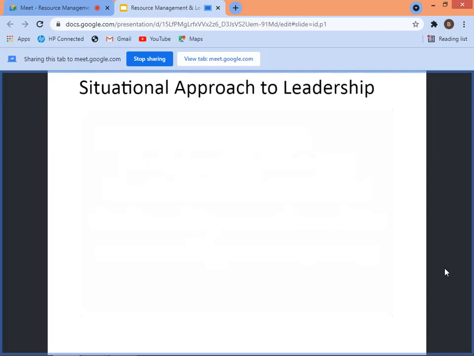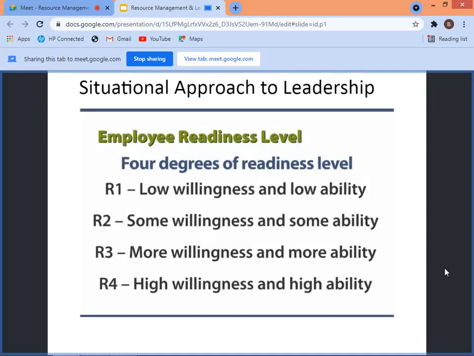The last one, R4, is high willingness and high ability. This is the maturity or readiness level of the employee that you are going to delegate to. The R3 is where you're going to let him participate. The R2 is where you use the selling style of leadership.